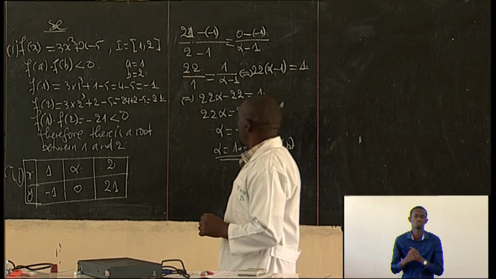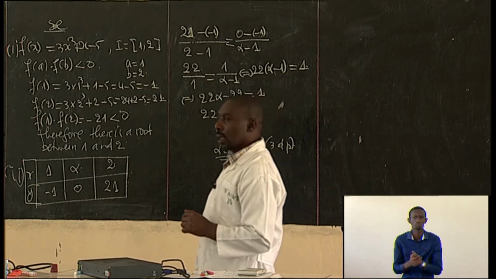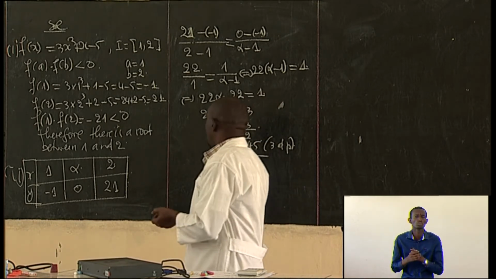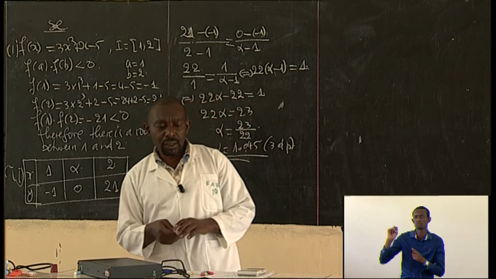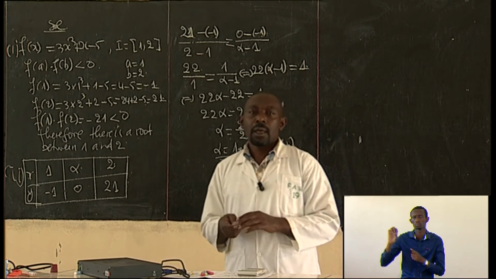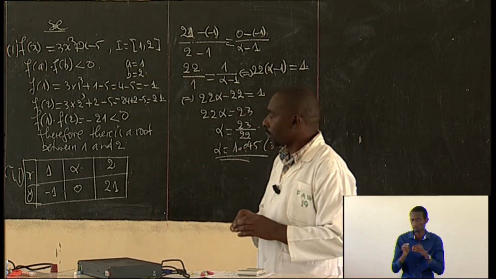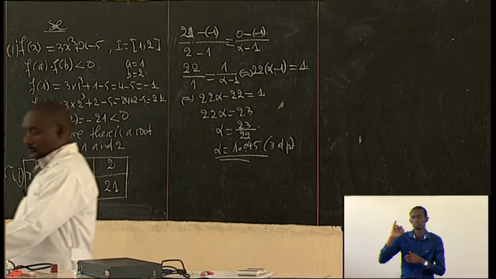Now we are going to continue to find the approximation to this root using the Newton-Raphson method, or method of tangent. How does the method work?